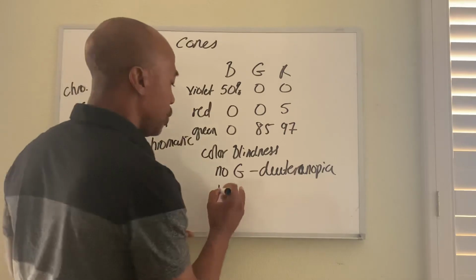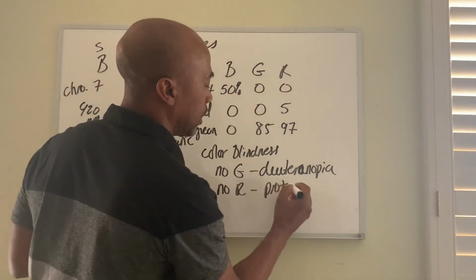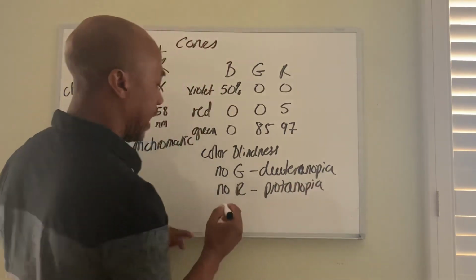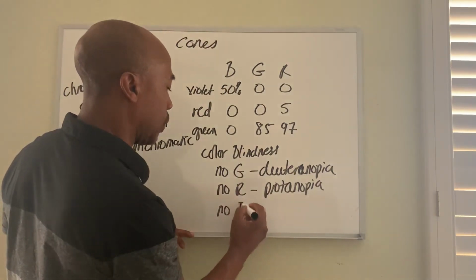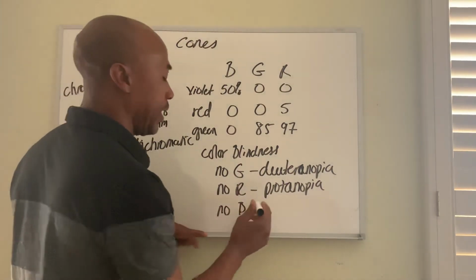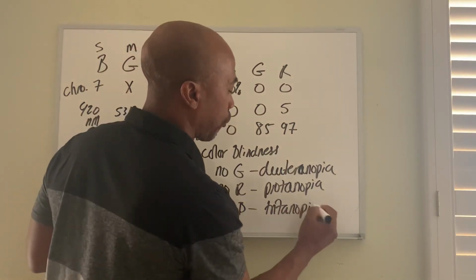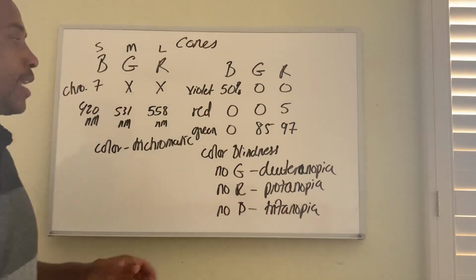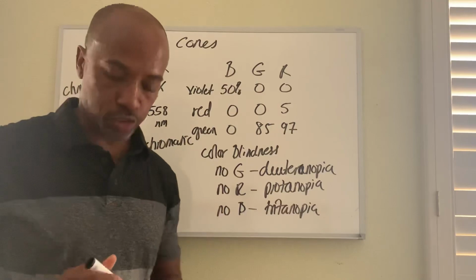When you have no red cones, that's called protanopia. And the lack of blue cones, which is the least common issue there, is called tritanopia. Those are your three forms of color blindness based on the lack of a particular cone. Okay, we'll stop here. Pause here.